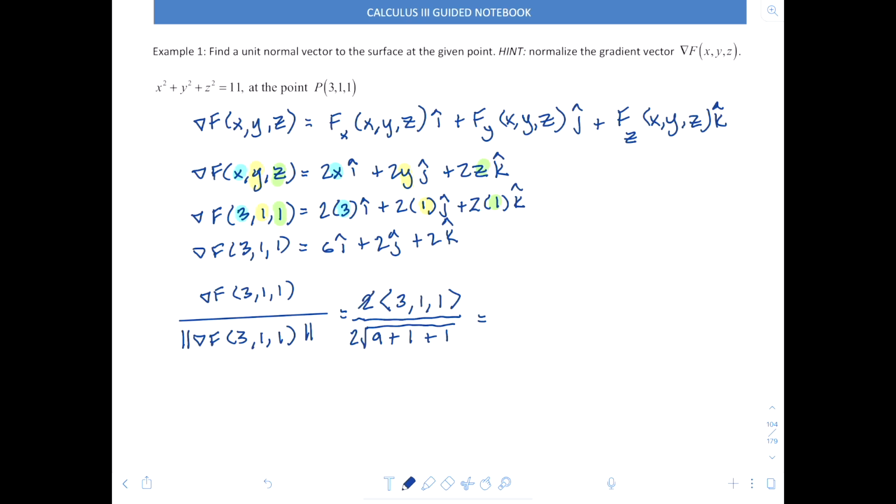These 2's will divide out, and we'll get 3, 1, 1 times 1 over root 11. Groovy? And we're done.